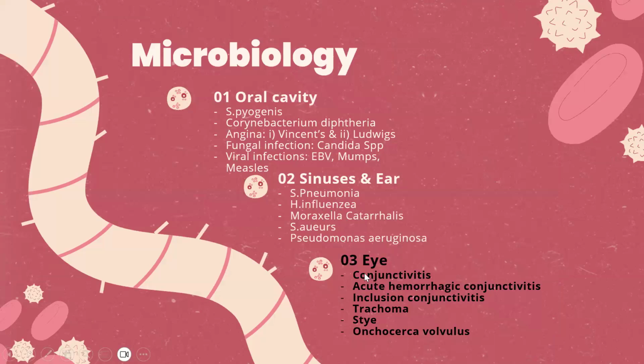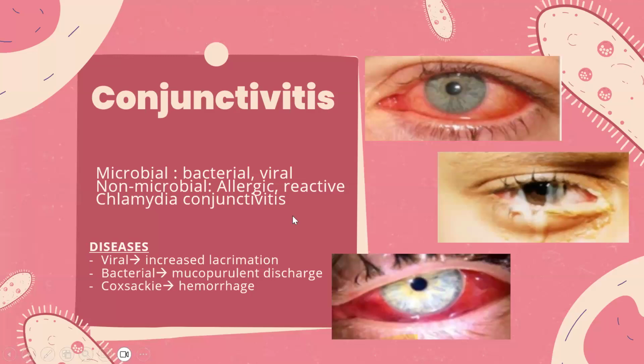Now for the eye. Let's see. The eye is very straightforward, and alhamdulillah, we only have minor causes or microbes. So we have conjunctivitis. Conjunctivitis can be microbial, like bacterial and viral, non-microbial like allergic or reactive, and it can be chlamydia conjunctivitis. For some reason, even though chlamydia is bacteria, it is a category on its own.